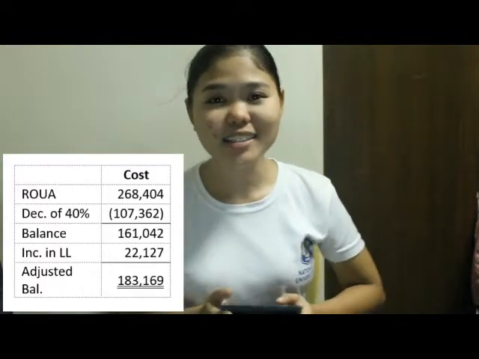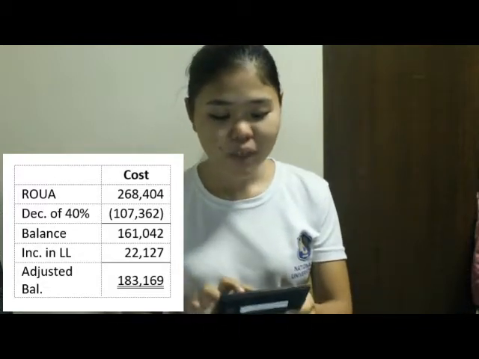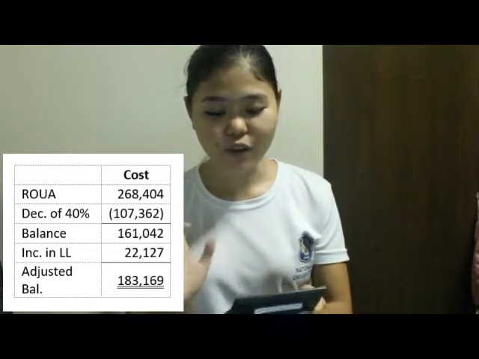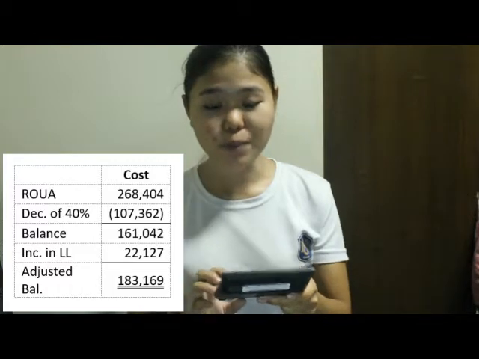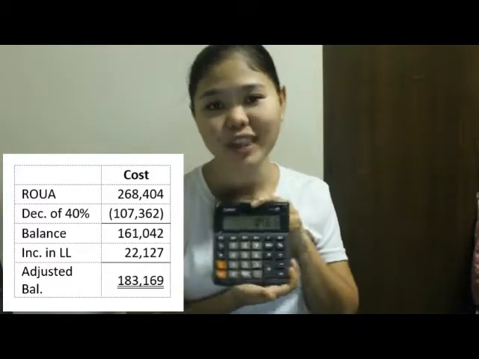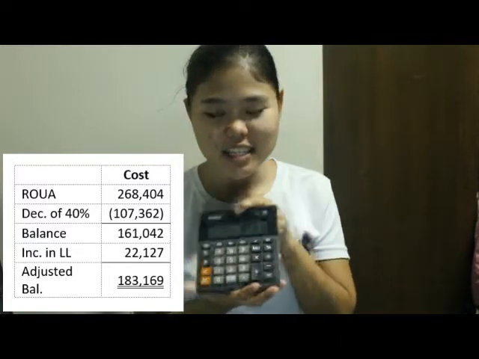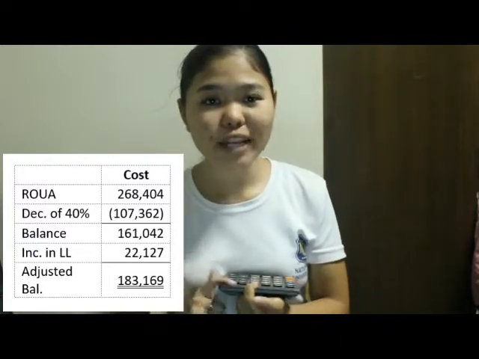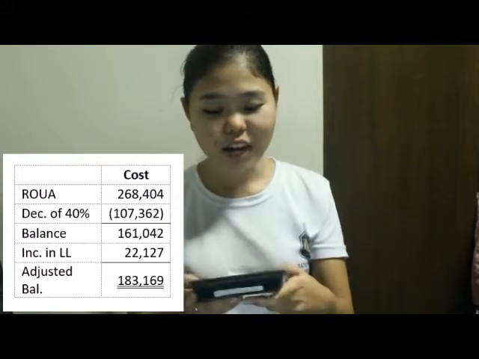So, ngayon, ano yung mga account na kasama sa i-recognize? Of course, sa right-of-use asset muna tayo, yung cost niya na 268,404 times the 40% yung ibinaba ng scope. So, 107,362. Ito, ima-minus siya doon sa cost ng right-of-use asset.